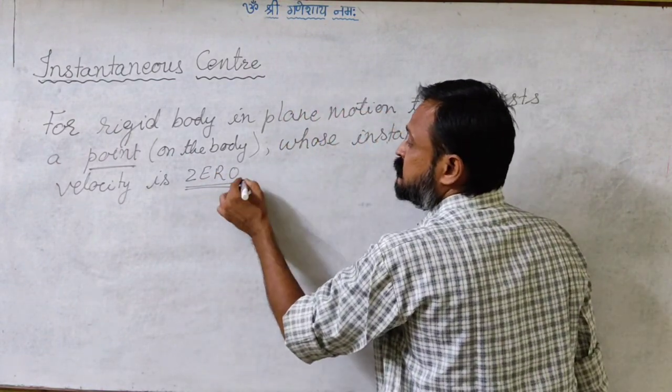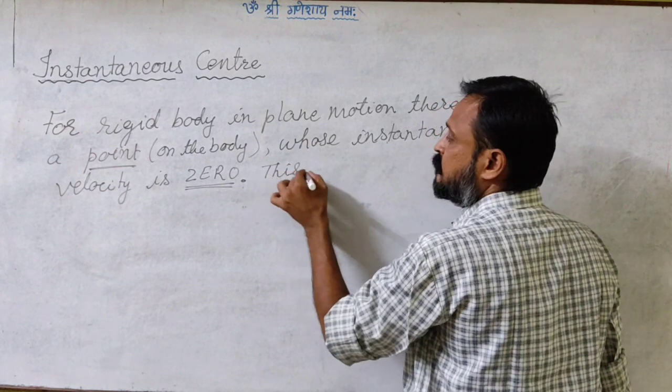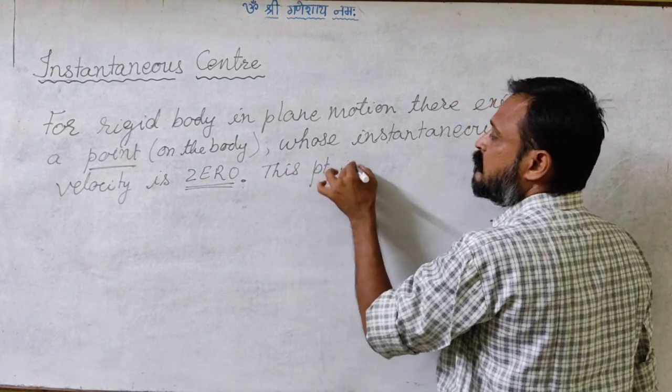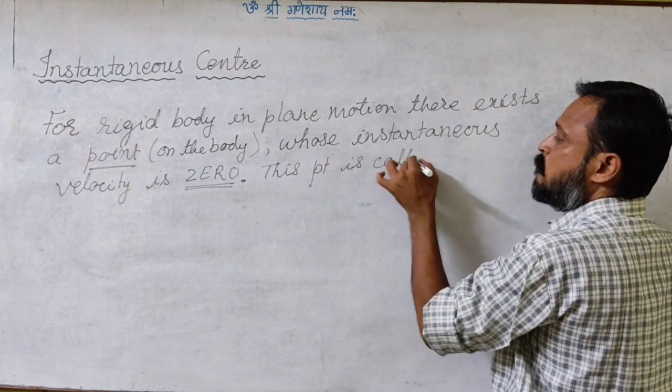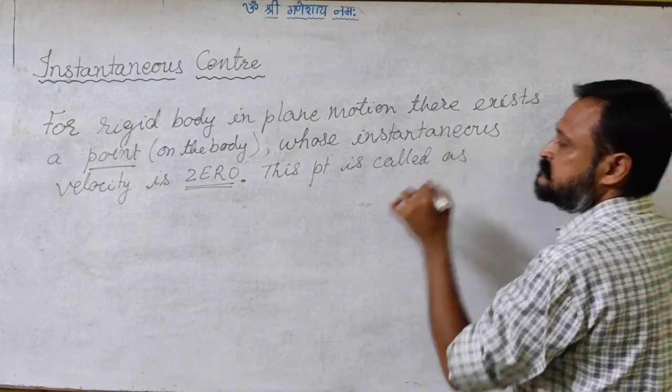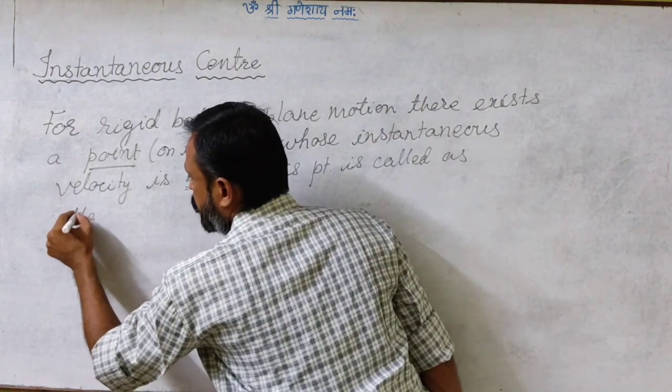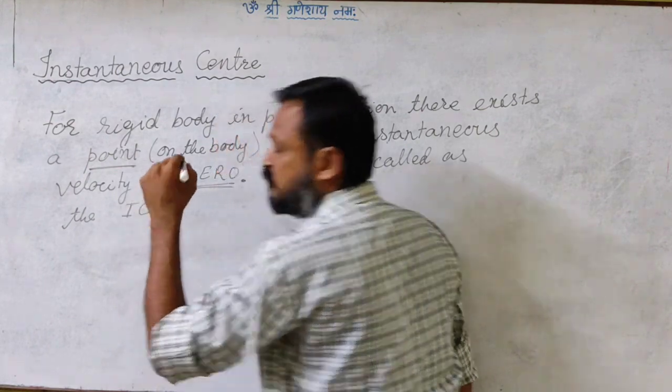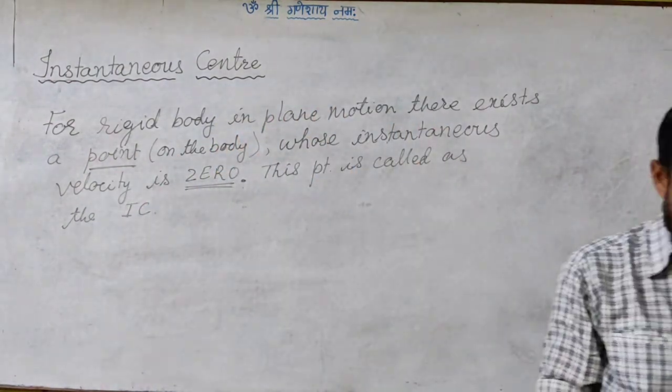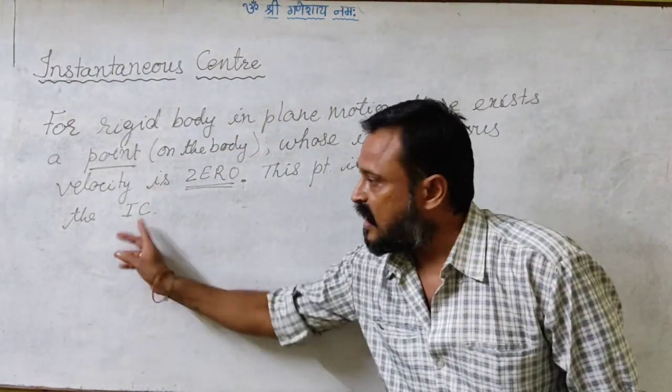This point is called the instantaneous center of rotation, or the IC.